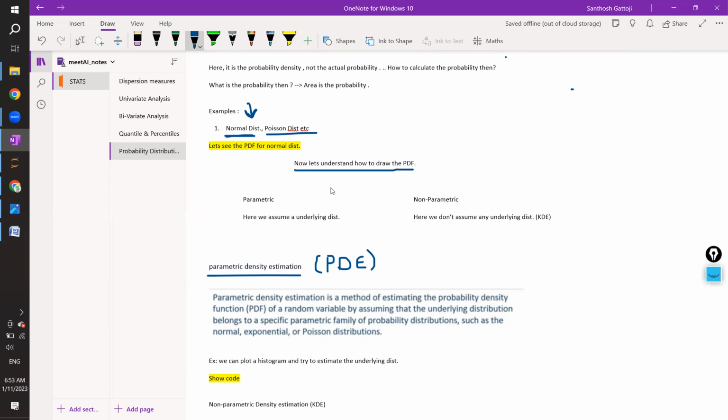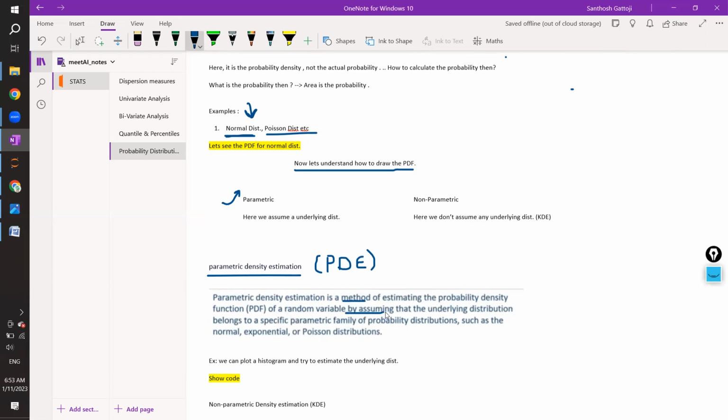In some cases we follow the parametric method. What does the parametric method do? It is a method of estimating the probability density function of a random variable. But how?